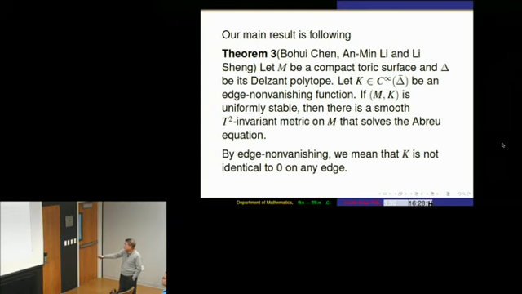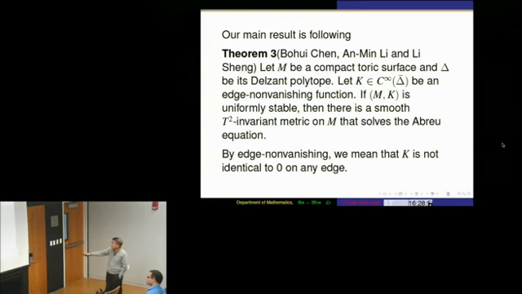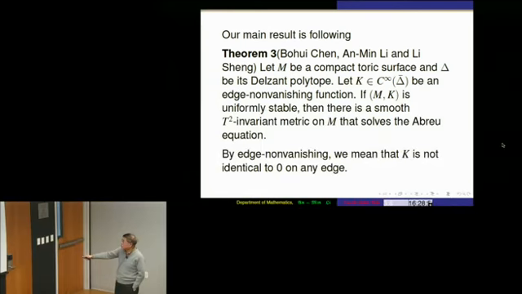If delta_K is uniform stable, then there is a smooth T^2-invariant metric on M that solves the Abreu equation, where edge non-vanishing means the given function K is not identically 0 on any edge. In this case, we can prove this result: given this function, there is a solution if and only if delta_K is uniform stable.